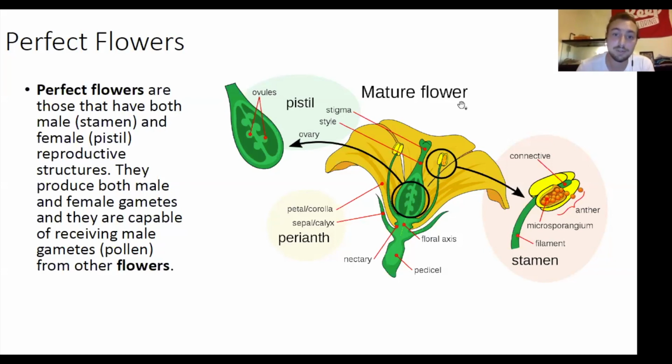So the ovules in a flower will become the seed, and the ovary will become the fruit. Sometimes these flowers can pollinate themselves. That refers to self-pollination. But most of the time, flowers need pollen from different individuals, or they will not be able to pollinate. I will discuss that more when we get into monoecious versus dioecious.